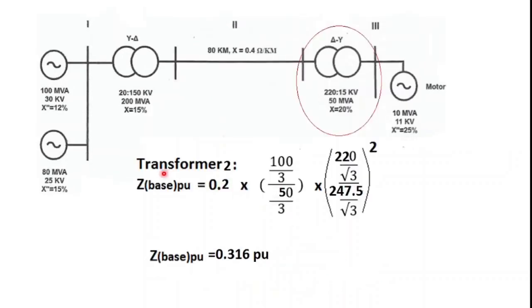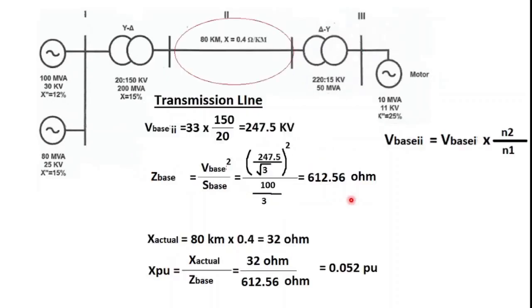As for the transformer 2, we'll be applying the same formula in this case as well: the 20%, which means 0.2 into S base new divided by S base old into V base old divided by V base new, whole squared. You might be wondering where this V base came from. It actually came from this one, V base 2, the new V base.